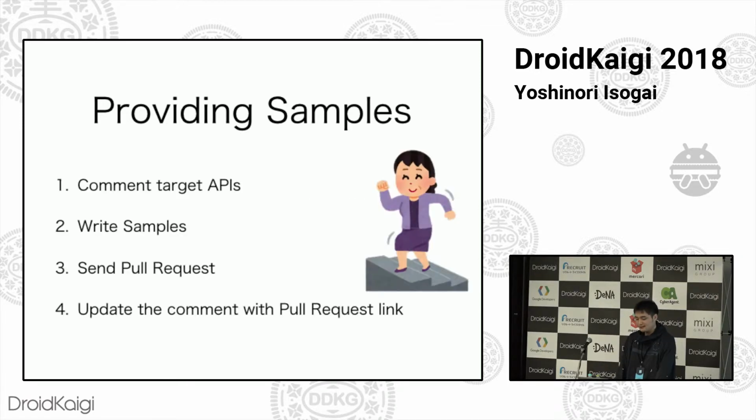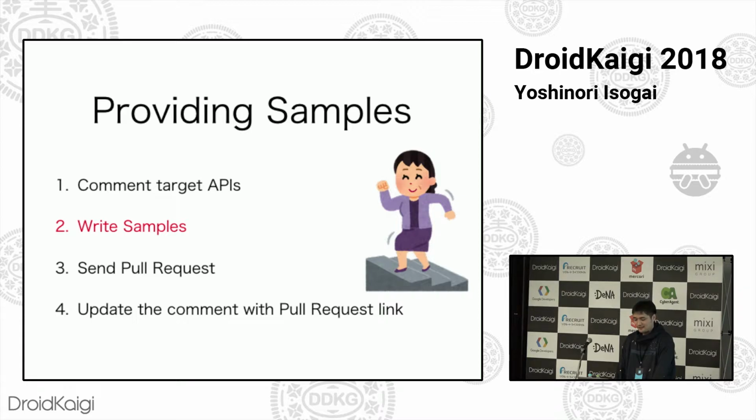I'm going to describe how to provide sample code. There are 4 steps. First, comment on the issue which standard library function you want to provide a sample for. Then write sample code, send a pull request, and update the comment with the pull request link.